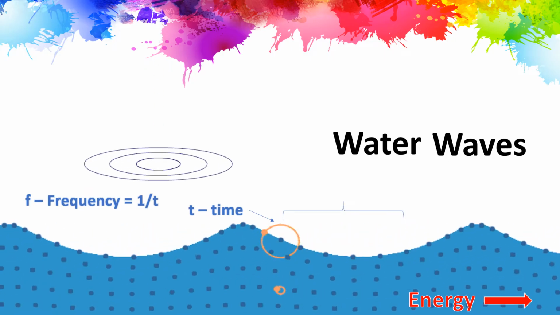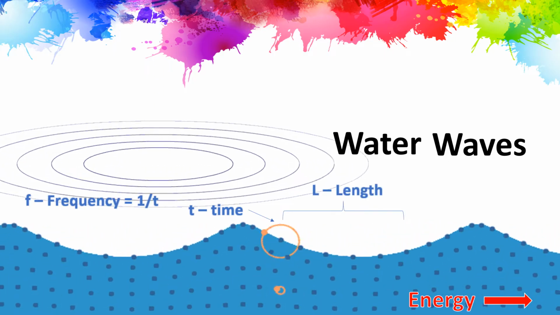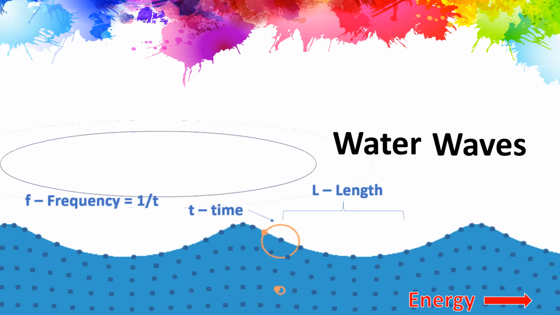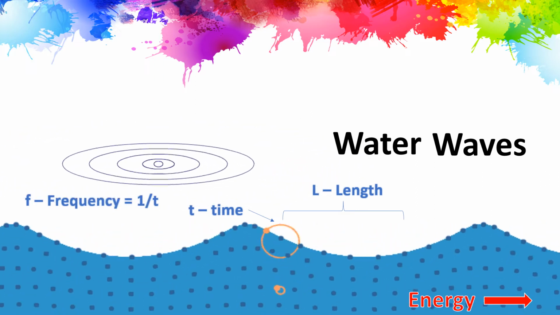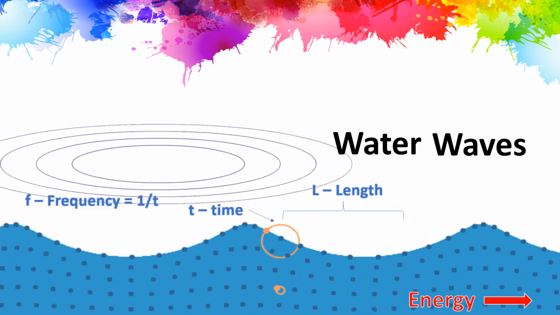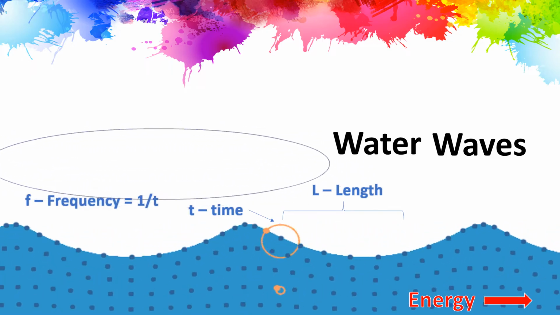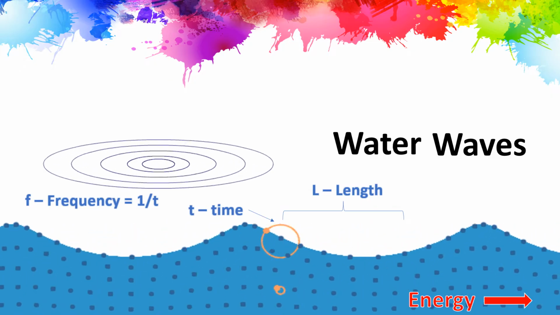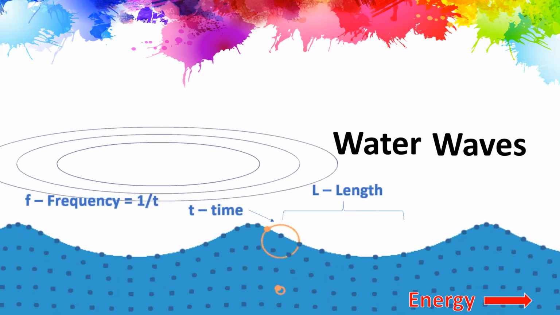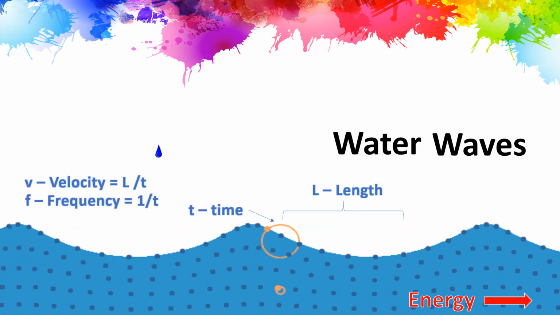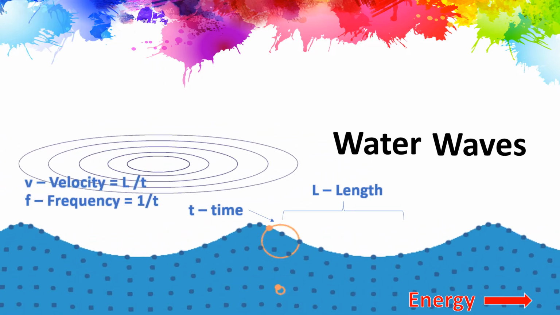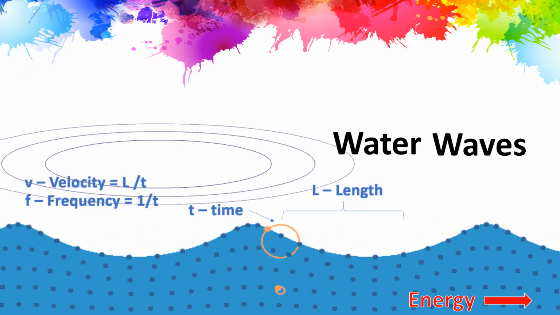And let's take this distance. Let's say the length is L. This length L is the distance the wave passes in time T. So the velocity of this wave is L divided by T. That is the normal velocity, distance divided by time.